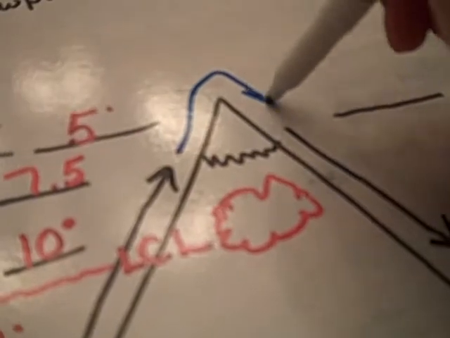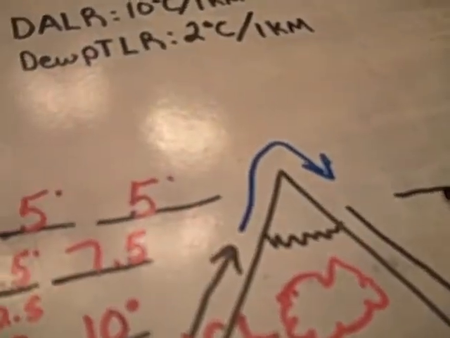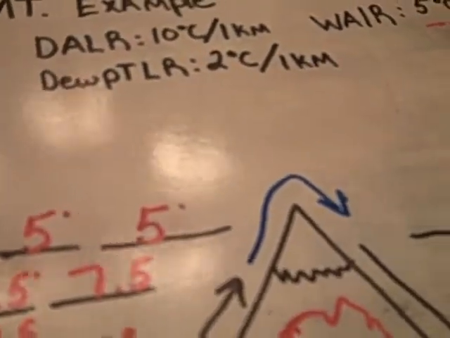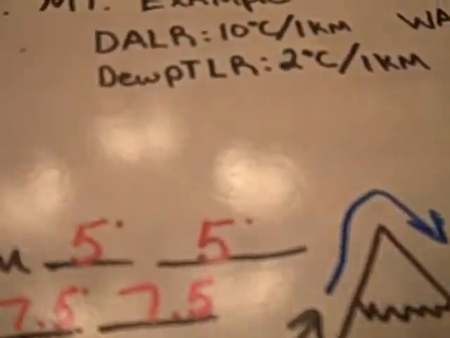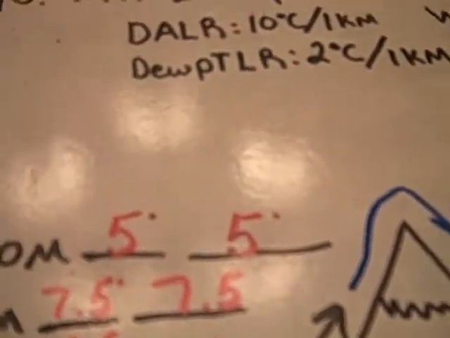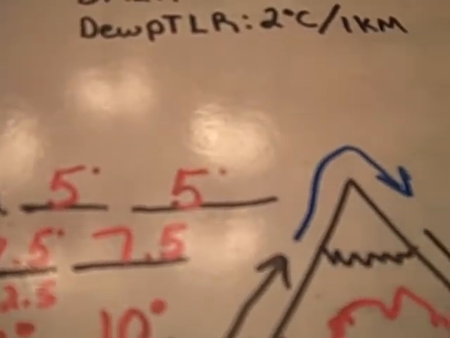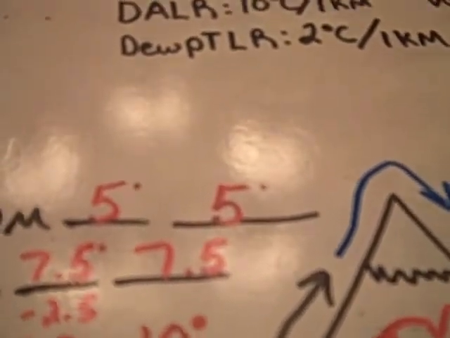So now that I've gotten to the top of my mountain and I'm about ready to go up and over, I'm going to descend. And when I begin that descent, I'm going to start to warm up. I'm going to return to my rates that are no longer wet, so I'm going to return to my dry adiabatic rate. It also means that my dew point is no longer met, so it is going to begin to heat up.